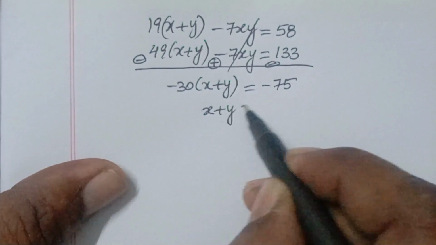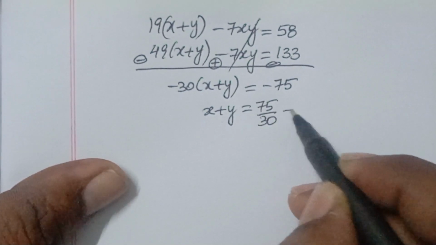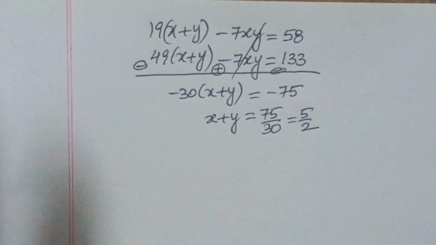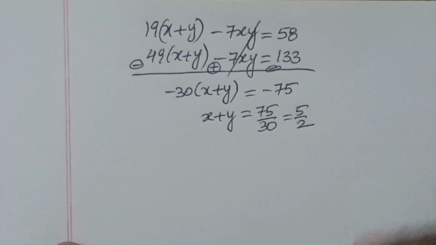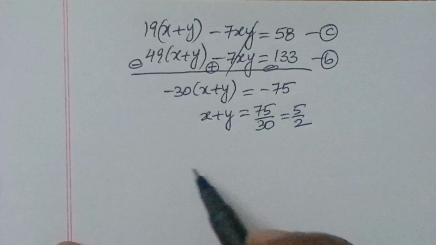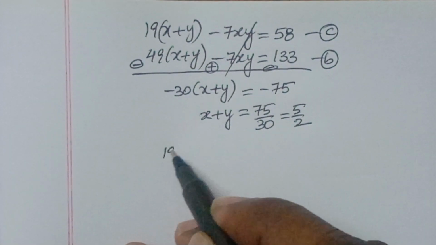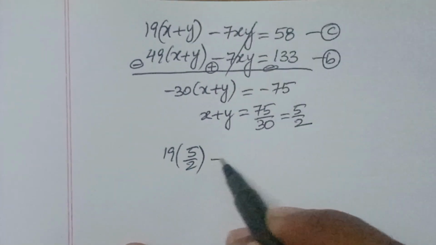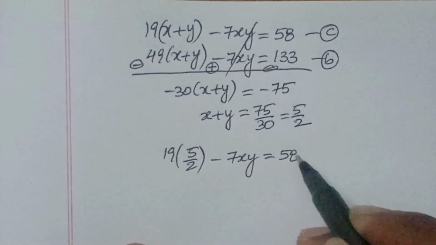X plus y is equal to 75 by 30, which is 5 by 2. Now replace this value in C: 19 into 5 by 2 minus 7xy is equal to 58.